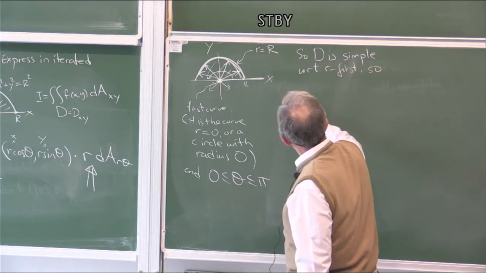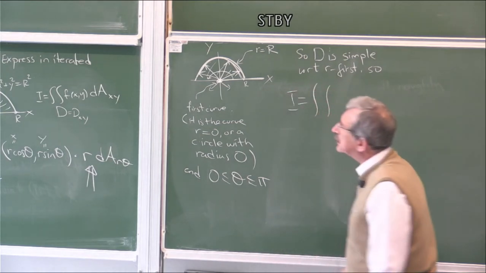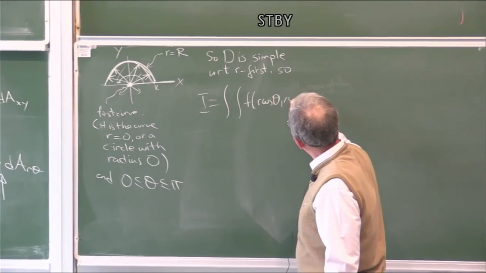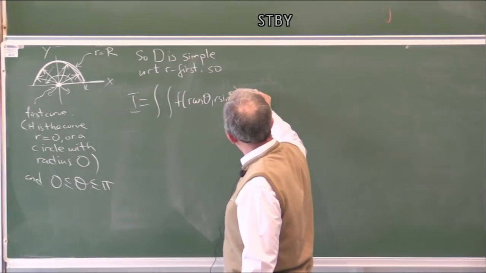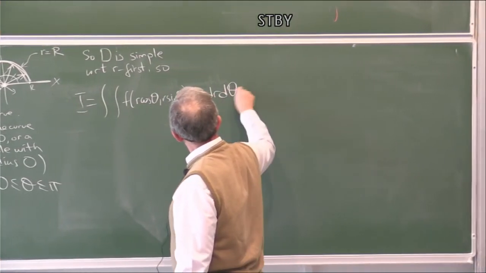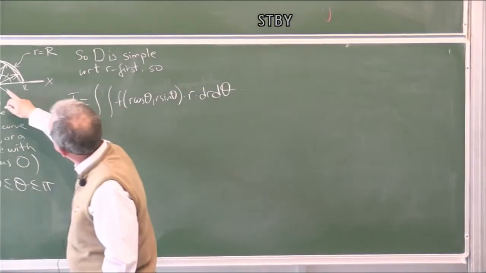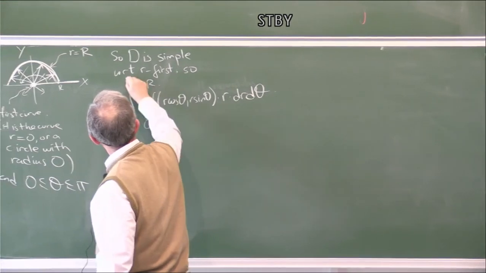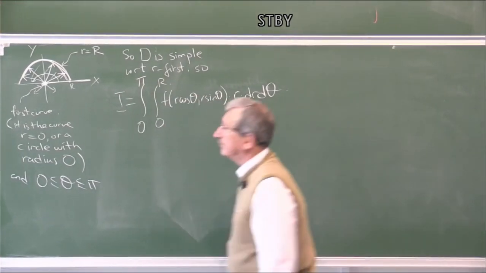So, the integral becomes f of r cosine theta, r sine theta, r dr d theta, and r changes from 0 to capital R, theta 0 to pi.